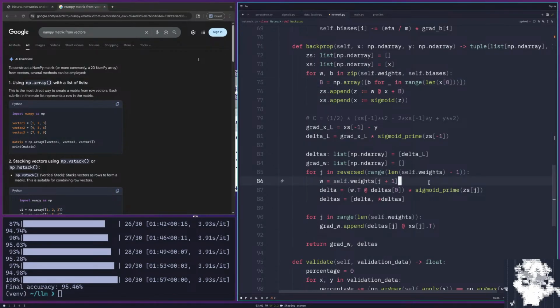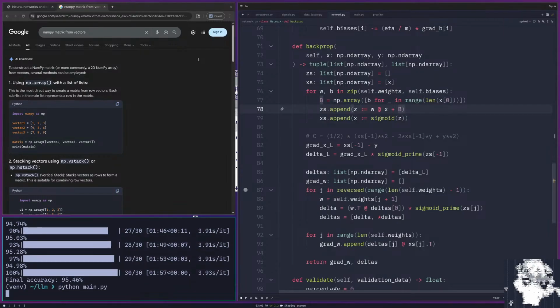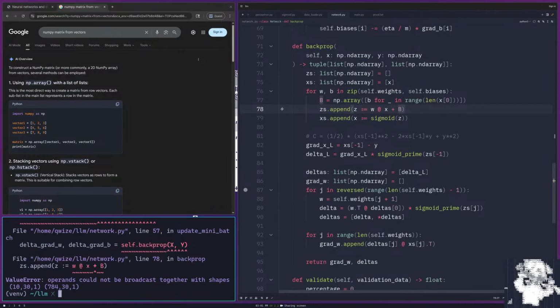So this might work. Wait, what did it just erase? Oh, I just realigned that. So it doesn't like my plus B here.